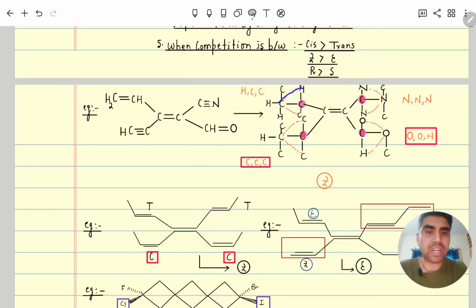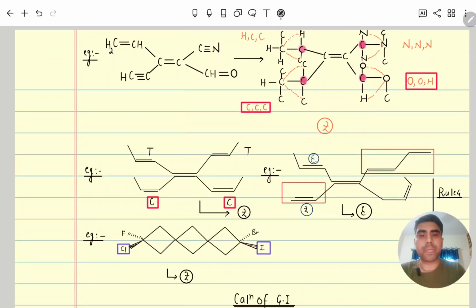Like here you can see hydrogen, carbon and carbon, whereas this carbon has a set of carbon, carbon and carbon. So three carbons here, two carbons there, so this will be priority. Now coming here, this carbon has nitrogen, nitrogen, nitrogen, whereas this carbon has oxygen, oxygen and hydrogen. Since oxygen's atomic number is more, this will be priority. So here both priorities are on the same side, so it will be called zusammen.